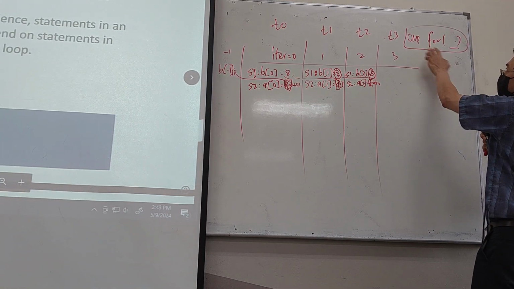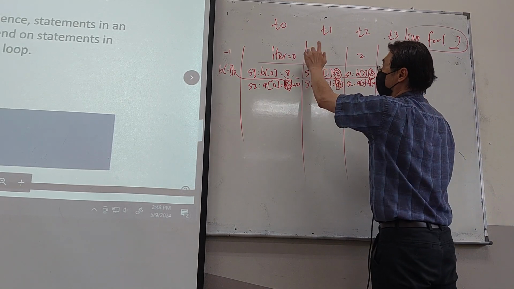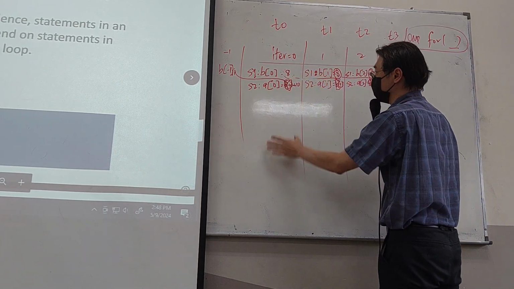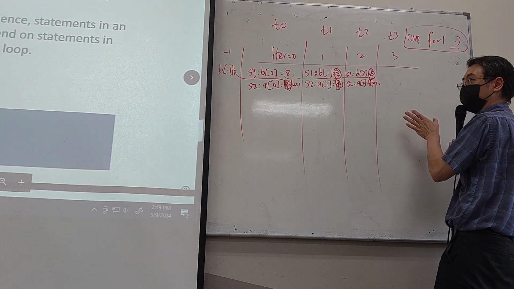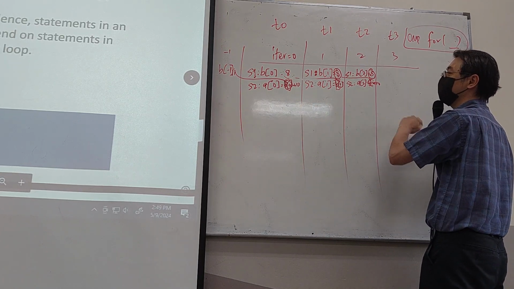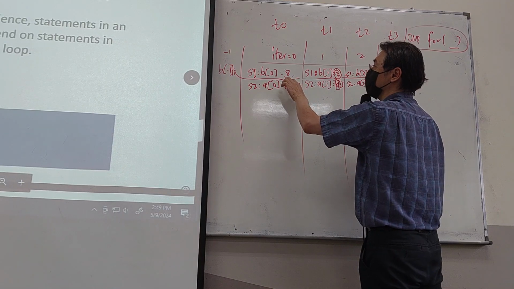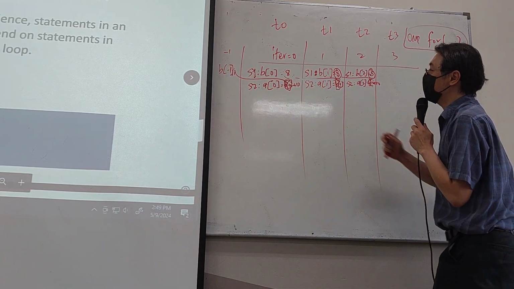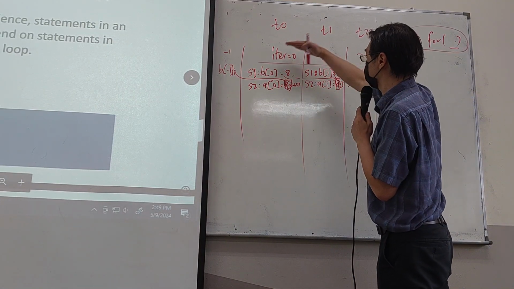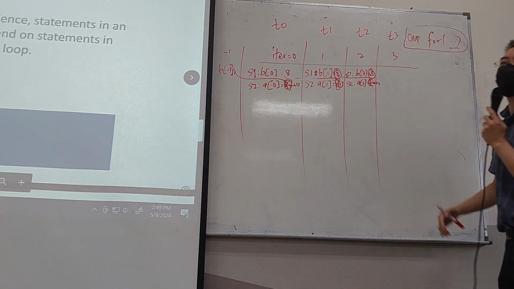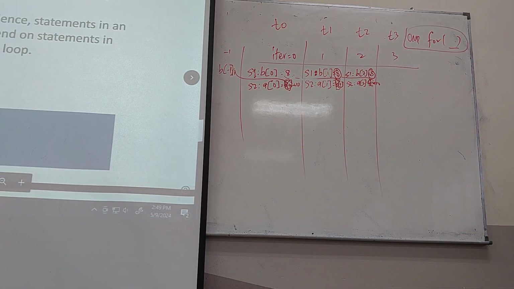If we use OMP parallel for, it will assign this to track 0, track 1, track 2, track 3. But each one of them is independent of one another, because you see inside here, it doesn't depend on the result from other iterations. So in this case, all of them can be executed in parallel. Do you agree?